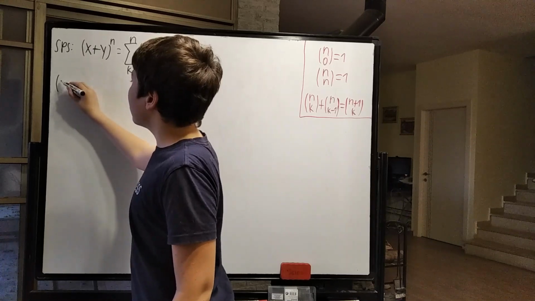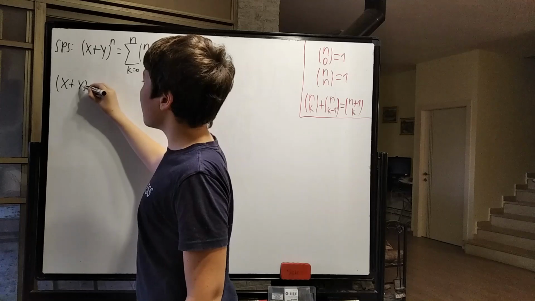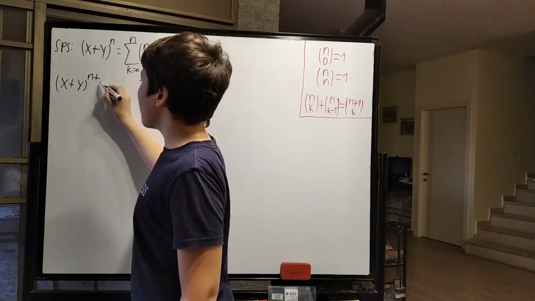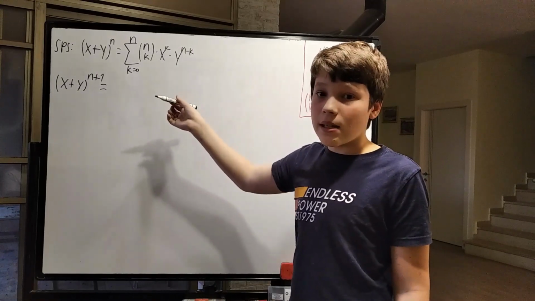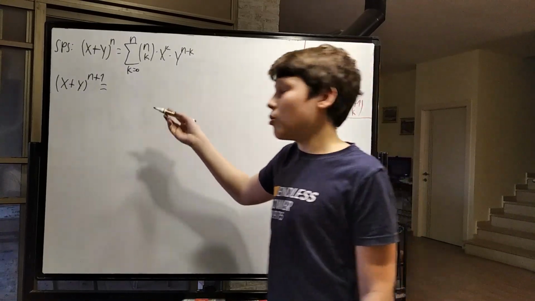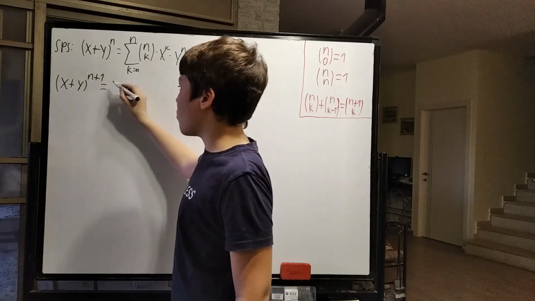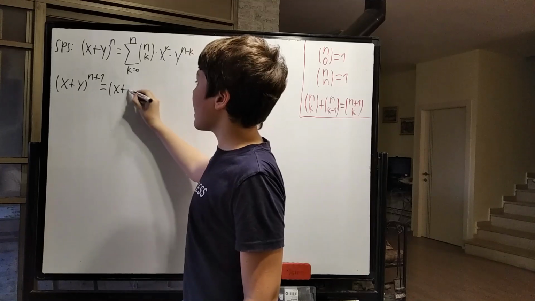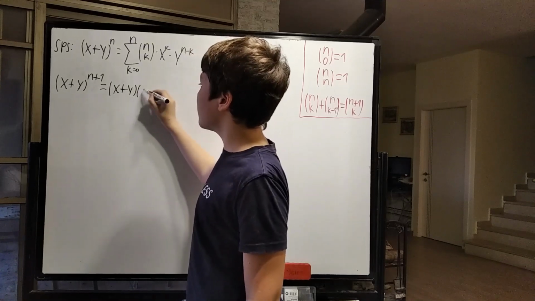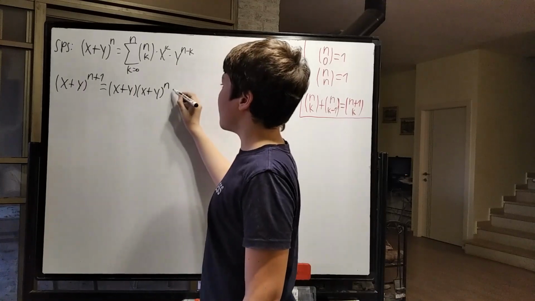Now let's see. (x plus y) to the n plus 1. Well, we want to use this, and as you probably already see, we will take out from the power 1 of these x plus y, so we have (x plus y) times (x plus y) to the n.